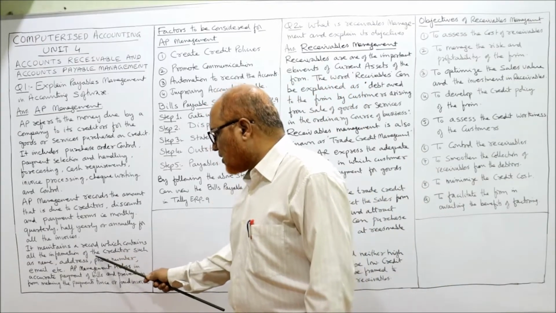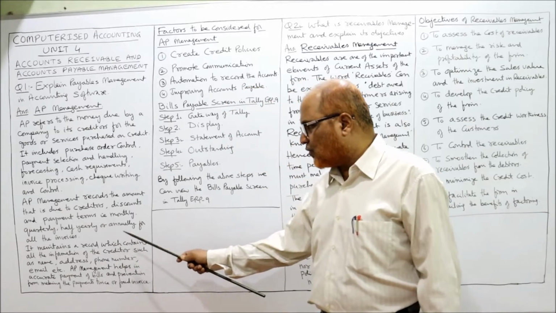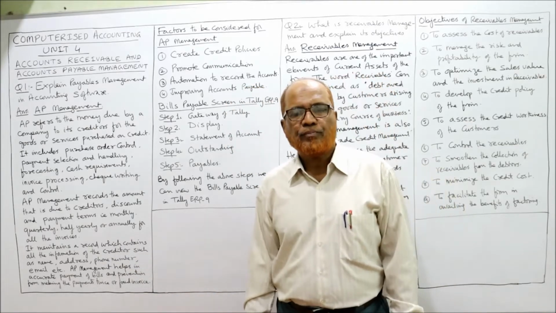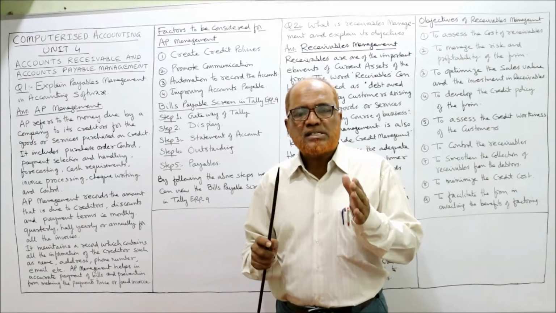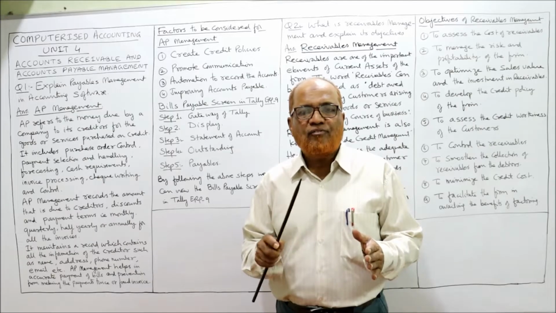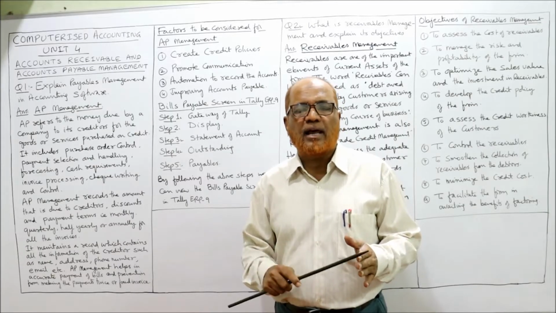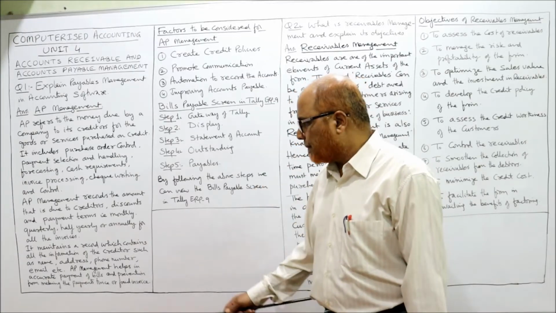It maintains a record which contains the information of the creditor such as name, address, phone number, email, etc. This accounts payable management must keep a record of the names, addresses, phone number, contact number, email, etc. of every creditor, every supplier.